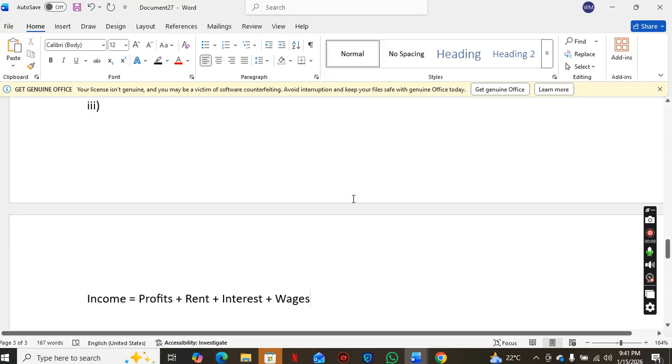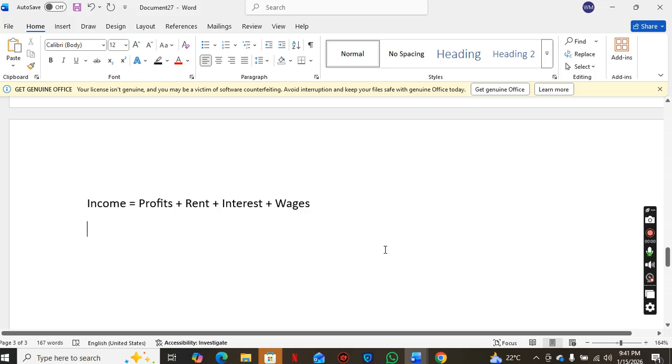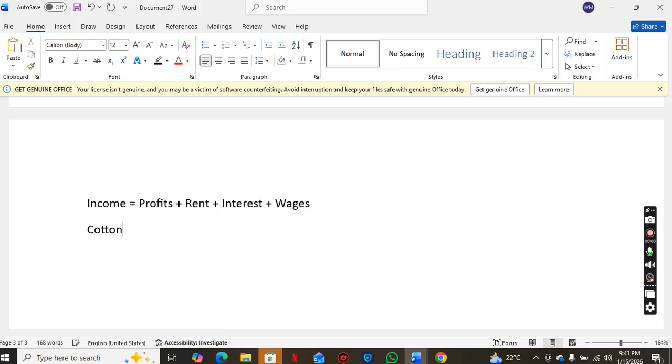So we need to start calculating the profits. We start with the cotton farm. The profit equals the revenue they made for selling the good minus the cost of raw materials minus the rent they paid minus the wages they paid.